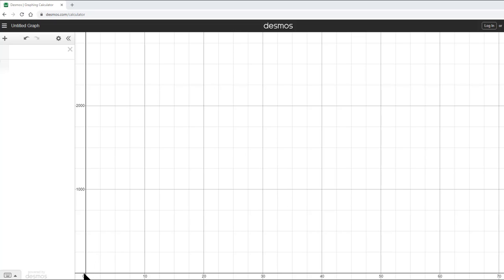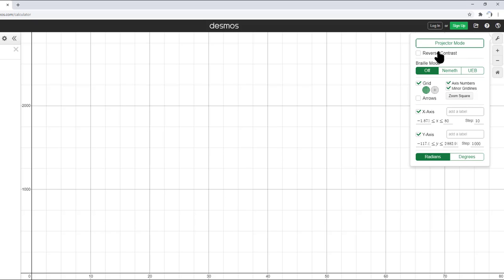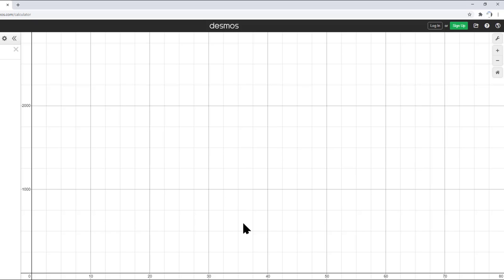So I have the window set from 0 to 70, and here from 0 to about 3,000 by looking at the nature of our functions. If you want to revise the window, you can go to the right, click on this graph setting, and it would let you set your windows.